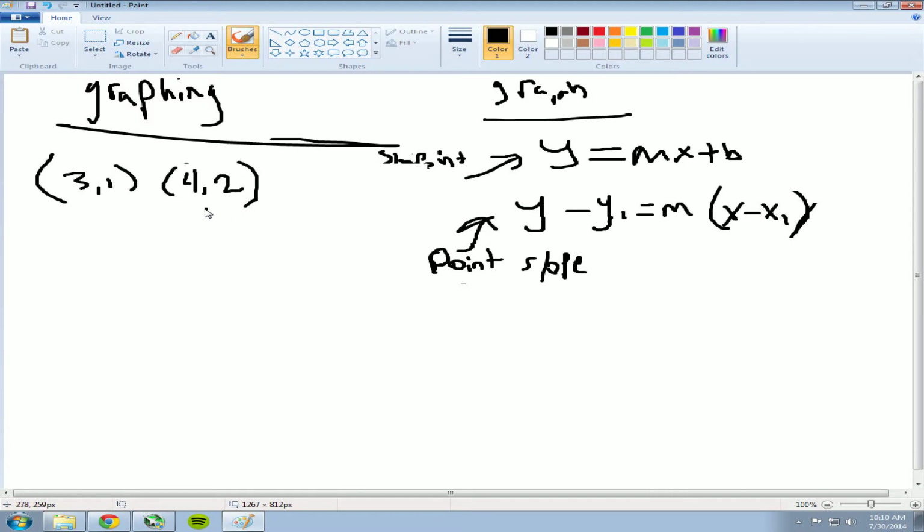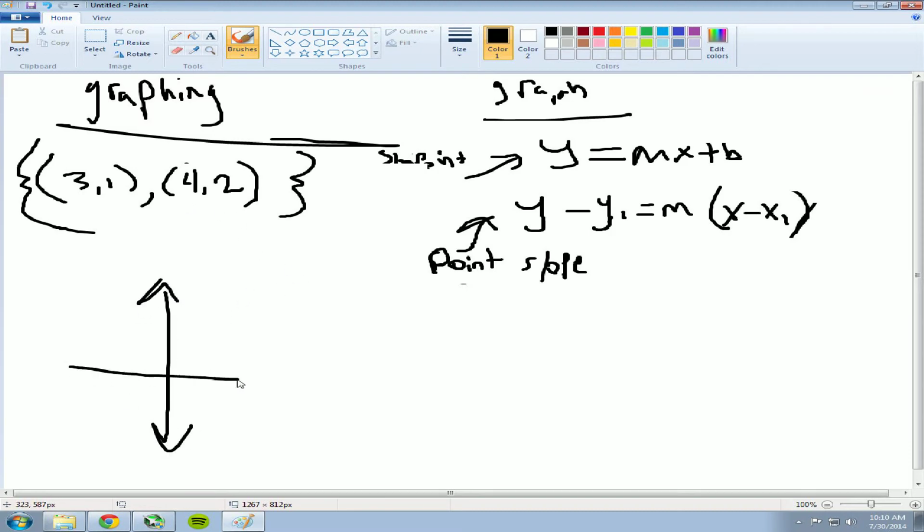It's just kind of random. So we have (3, 1) and (4, 2). What does the graph look like? So if you have a graph like this, you have (3, 2), (3, 1), and you have (4, 2).